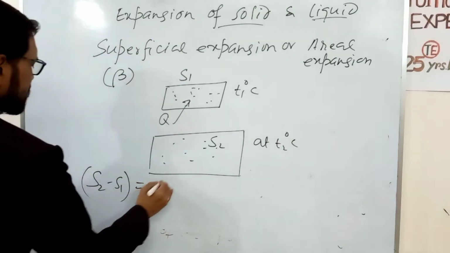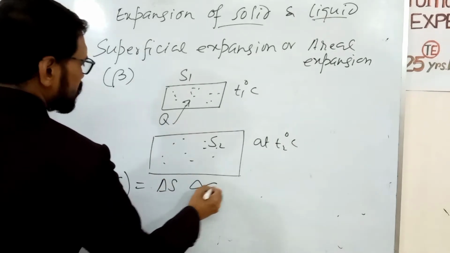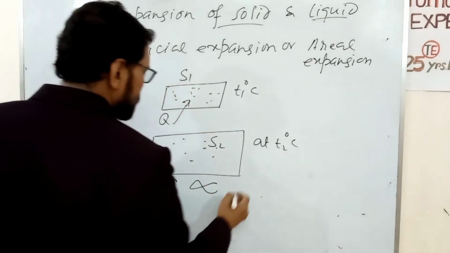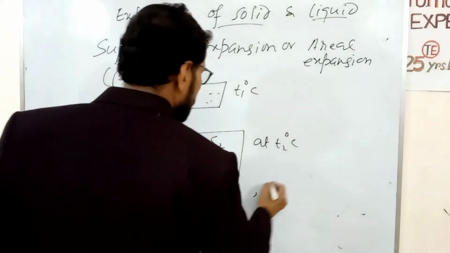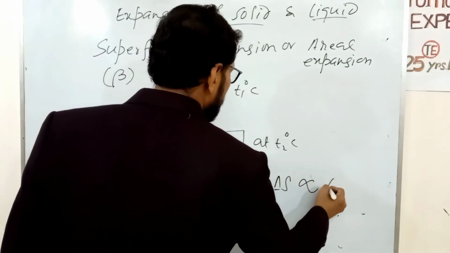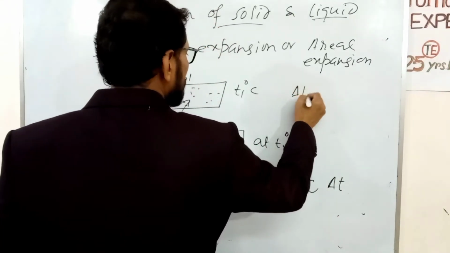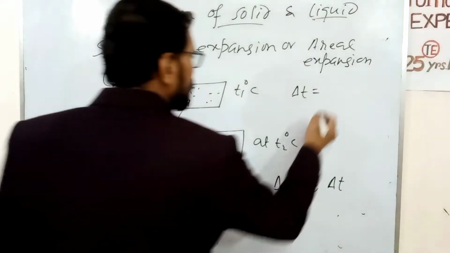This del S is proportional to initial surface area S1, and also proportional to temperature rise del T. Always we use del T, temperature rise, equal to T2 minus T1.